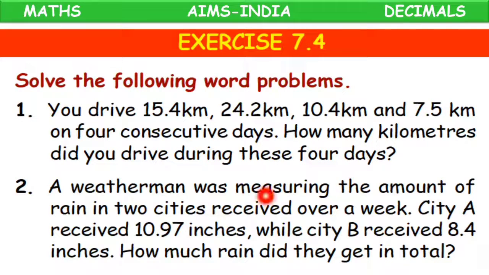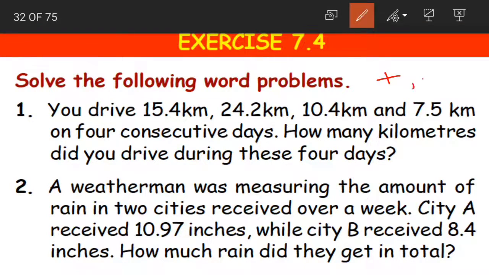Next, we have an exercise consisting of word problems based on what? Based on addition and subtraction of our decimals. Let us look at a few. The first one is, you drive 15.4 kilometers, 24.2 kilometers, 10.4 kilometers and 7.5 kilometers on 4 consecutive days. How many kilometers did you drive during these 4 days?